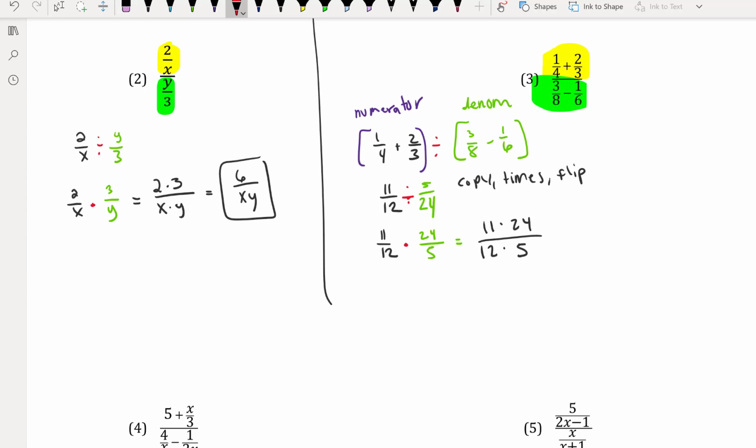Let's see if anything can cancel. Well, 12 divided by 12 is 1, and 12 divided by 24 is 2, and I think that's as far as you can go. So my final answer, I have 11 times 2, and 1 times 5, which gives me 22 over 5.